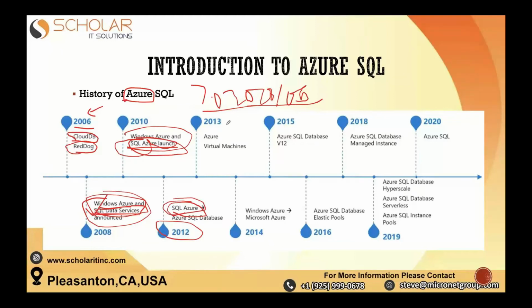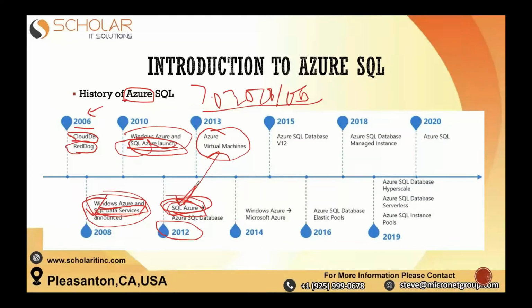In 2013, it was a major release of Azure in terms of SQL Server. They brought in Azure Virtual Machine as an infrastructure-as-a-service offering, and at that time you could have your SQL Server in an Azure Virtual Machine. Before then, everyone was restricted to SQL Azure, and the problem was that it was not that highly scalable.